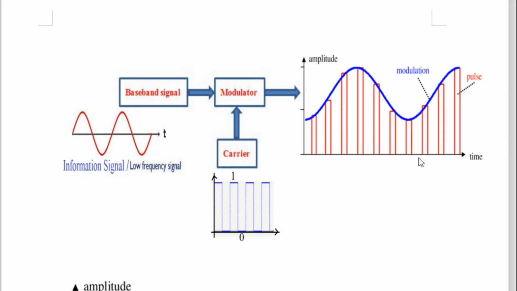LVL is on the x-axis only, not below it, so it is not negative. Then again HVL, then LVL. So what is the modulator doing?